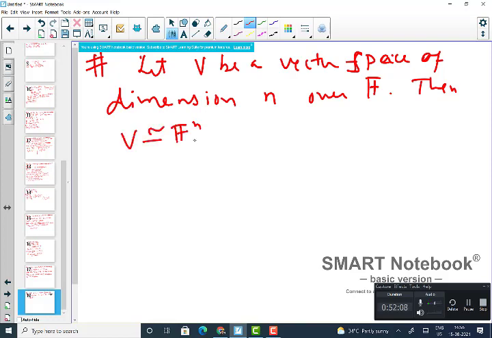F^n means F cross F cross F, n times, right? This is a very simple observation. You can easily prove it. How to send? You just take the basis here and send it to the standard basis there. That will be the isomorphism.